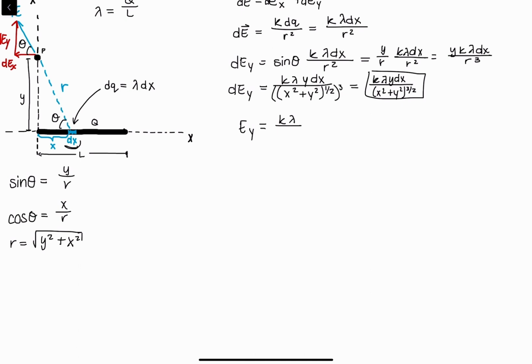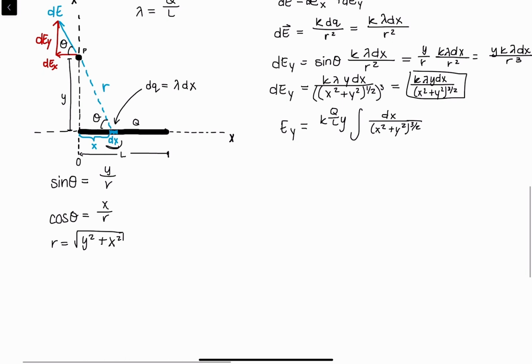Times the integral of dx over the squared term. There we go. It's all of our constants taken out. And we can actually replace lambda with q over L. Now all we need to do is set the limits of integration, which if we set this as the origin and this as L, we can say that the limits of integration are from 0 to L.